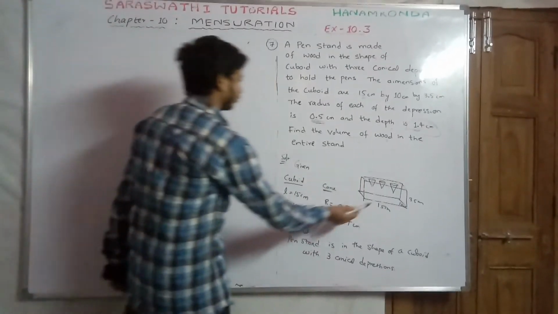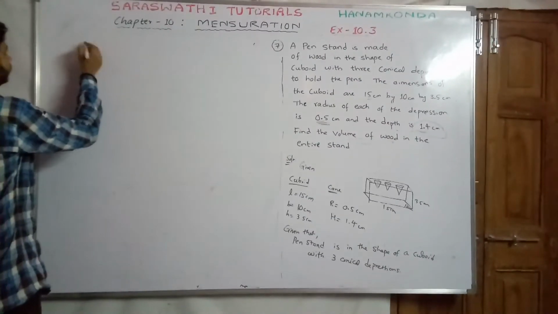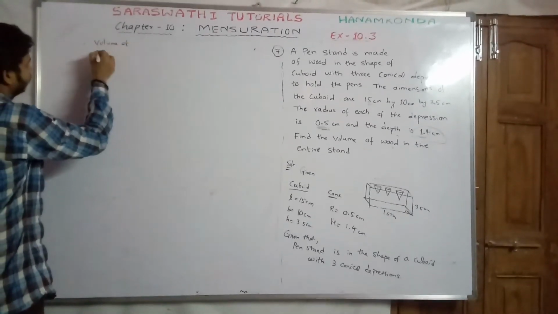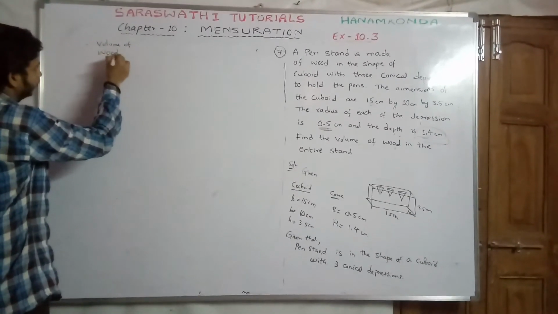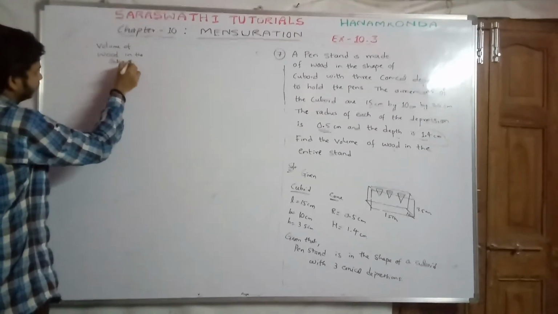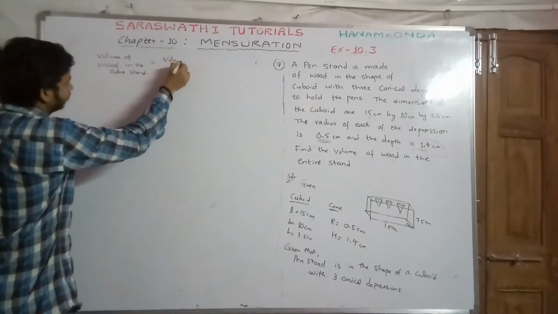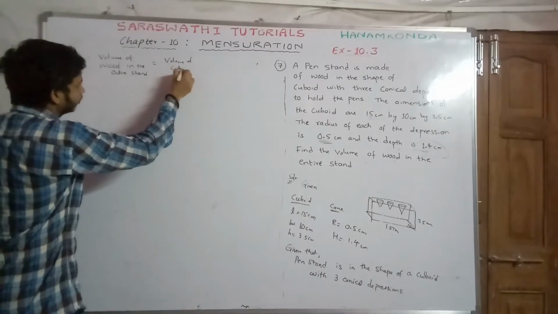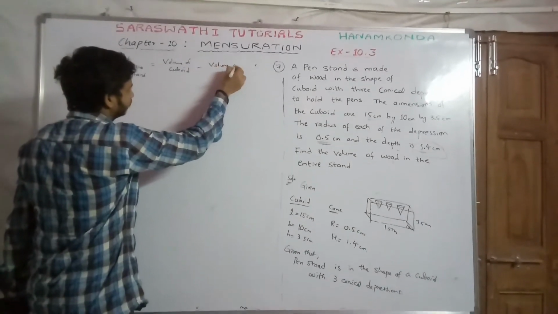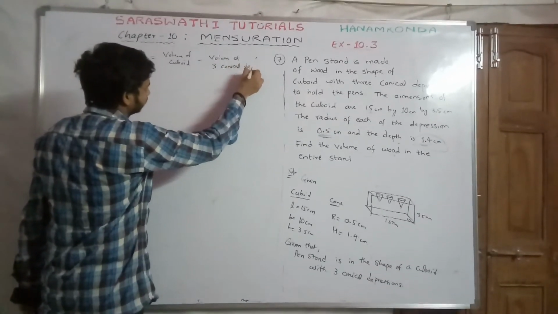So volume of wood in the entire stand equals volume of cuboid minus volume of 3 conical depressions.